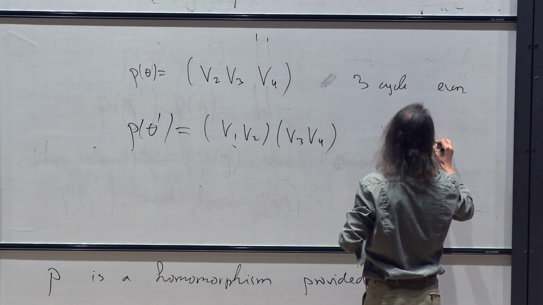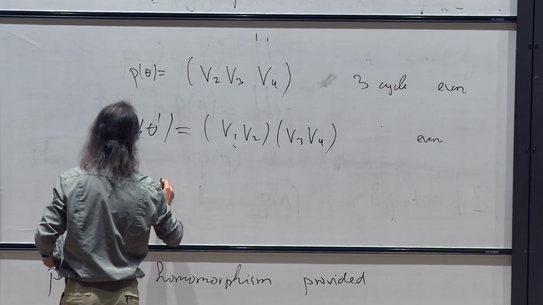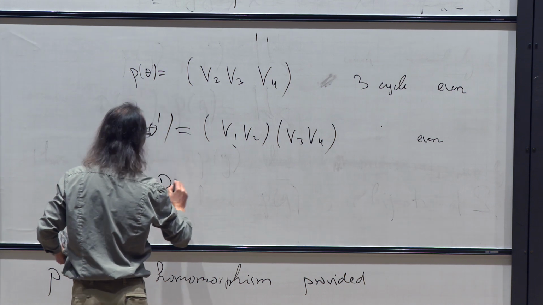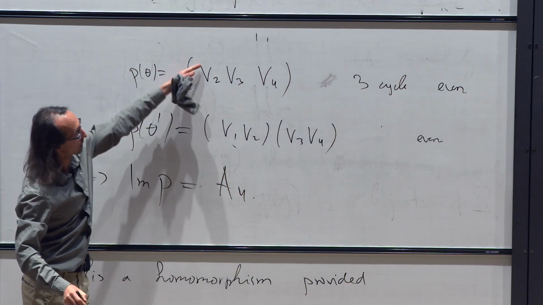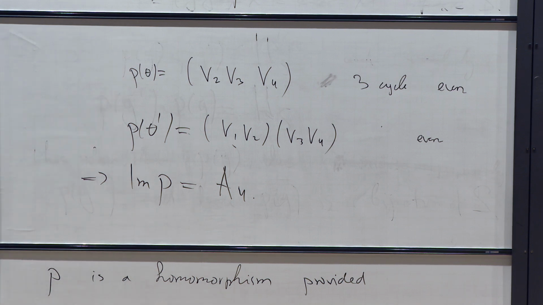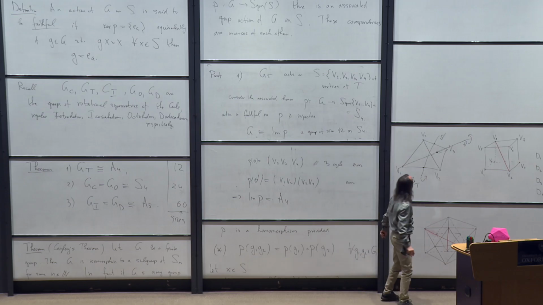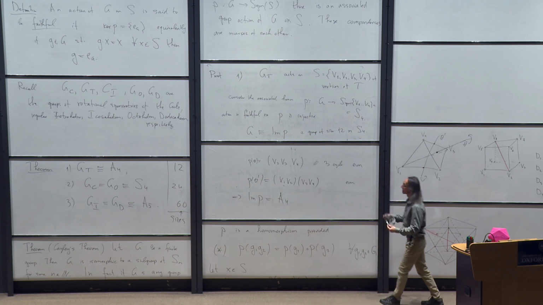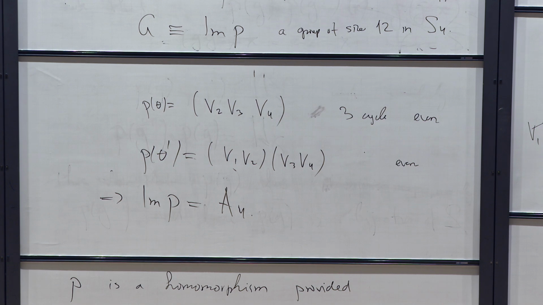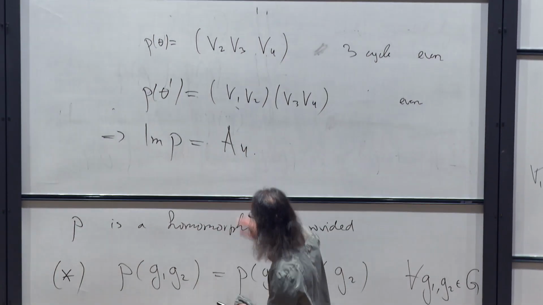Again, even permutation. So the image of rho is exactly A4. We can just list all the symmetries of the tetrahedron. We get all the even permutations on the 4 vertices, so the image of rho is A4, nothing else. Okay, this proves the first part, the easy part.